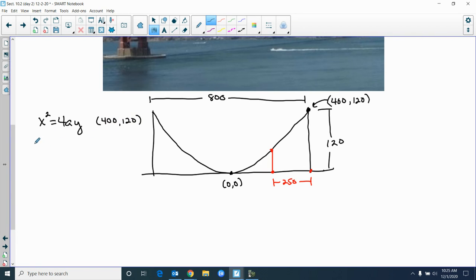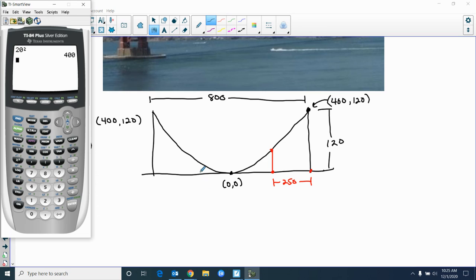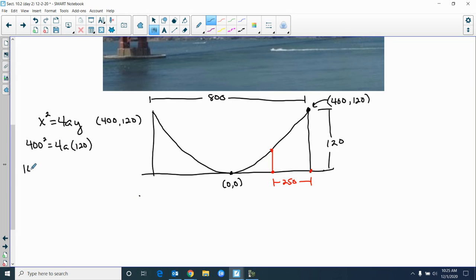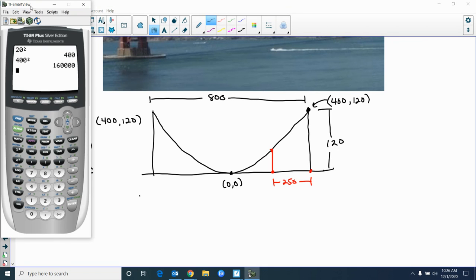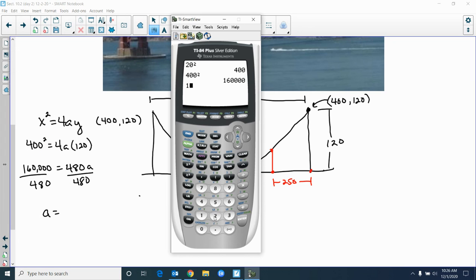So I'm going to plug this in, and I get 400 squared equals 4a times 120. What is 400 squared? 160,000. 4 times 120 is 480a. So now a equals 160,000 divided by 480.